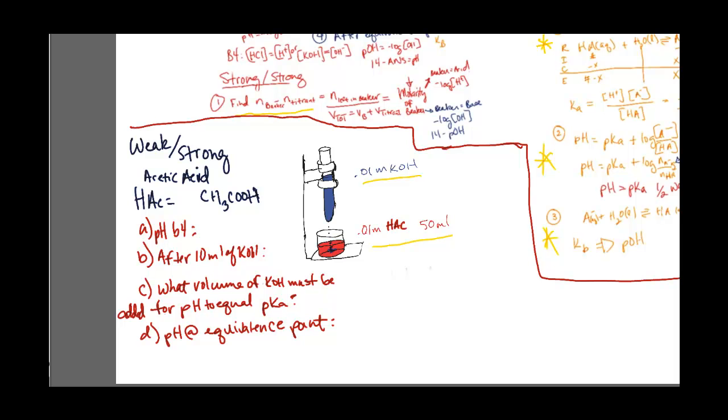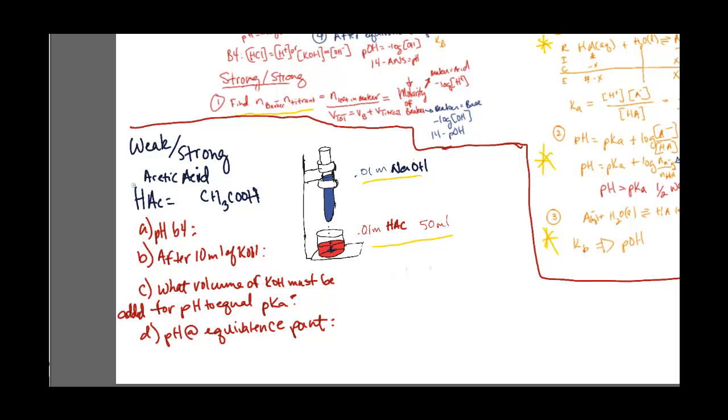So here we have 0.01 molar potassium hydroxide. It's a strong, you know what, let's use a different base. Let's use sodium hydroxide, because last time I used potassium hydroxide. And it's being titrated into 50 mL of 0.1 molar acetic acid.